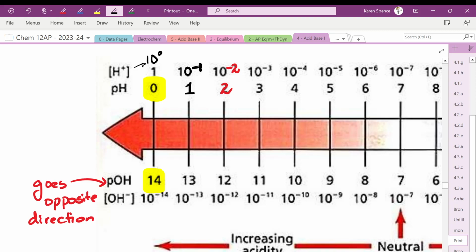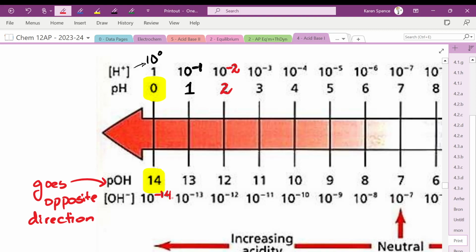And remember, if concentration of hydrogen is high, which 1 molar is fairly high in terms of concentrations, concentration of hydroxide will be low. And so you can see that we have 10 to the negative 14. That's a small concentration.